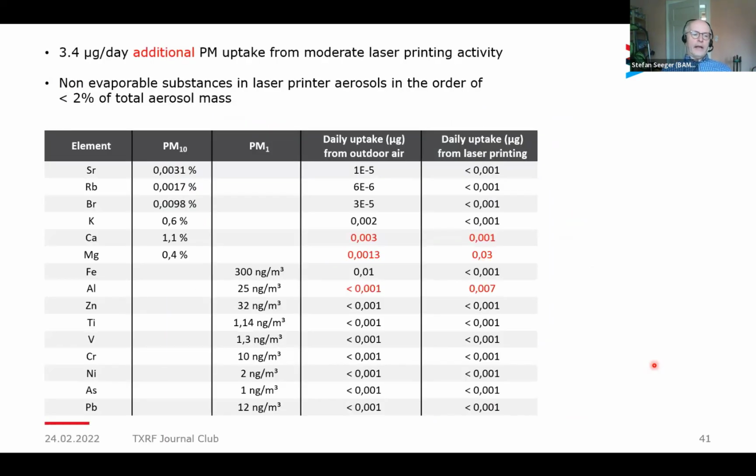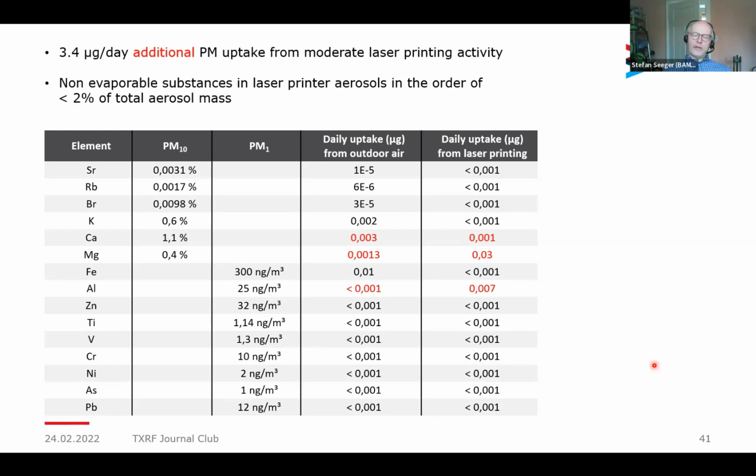Okay, and what was important here is that we have been able to compare typical uptakes in a city, and compare these uptakes of different elements in the city environment with uptakes which can be expected from moderate laser printing activity. And we could do a first estimation of the non-evaporable substances in laser printer aerosols, which have been determined to be in the order of less than 2% of total aerosol mass.